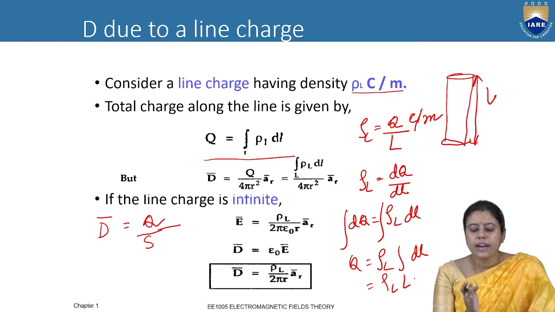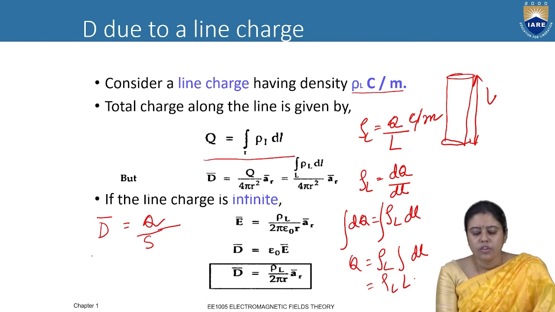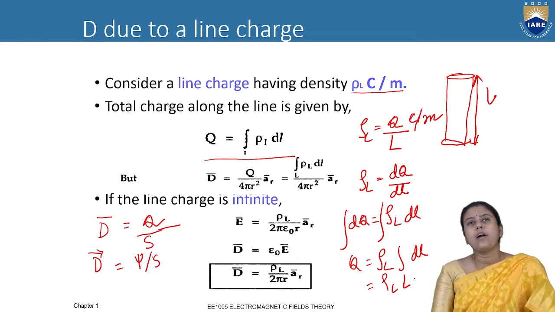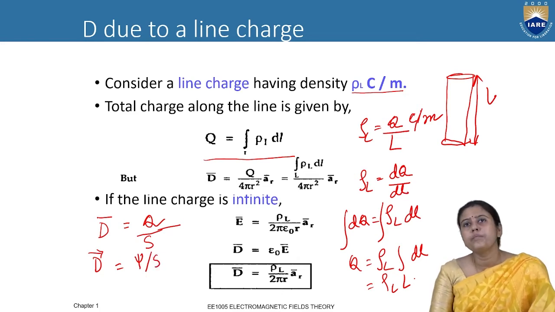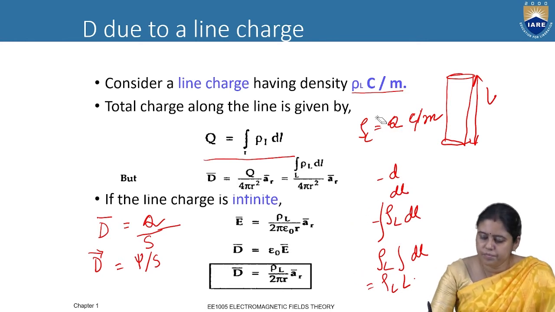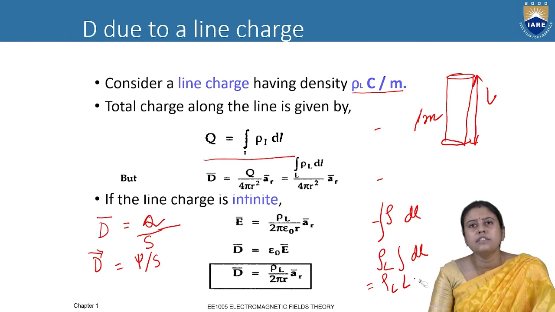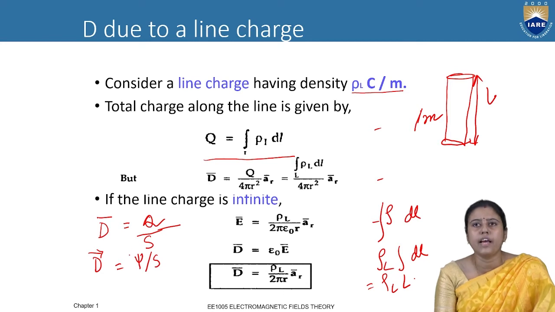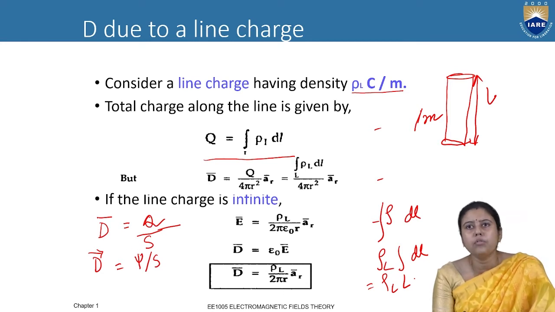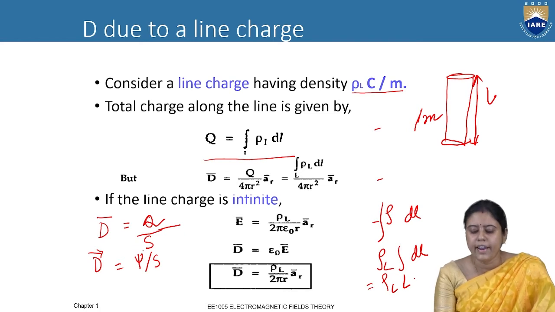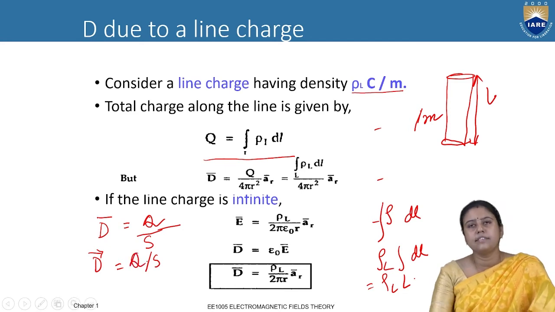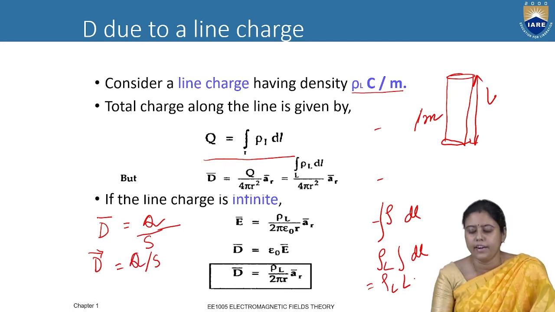Flux density means the number of electric lines of force per unit area. According to Gauss's law, psi is equal to Q. So we can substitute Q with the value of psi, and D is equal to Q by S, and we are using this formula here.